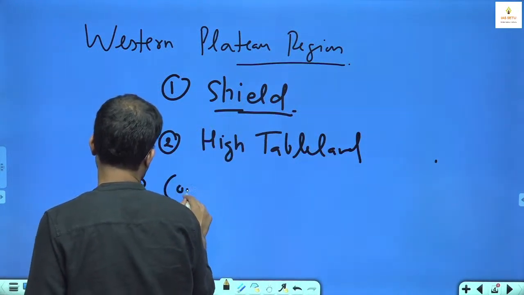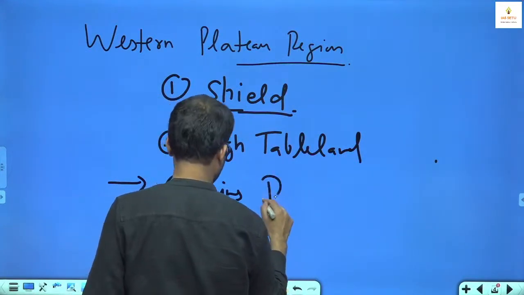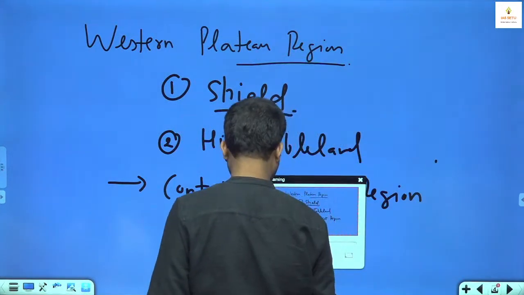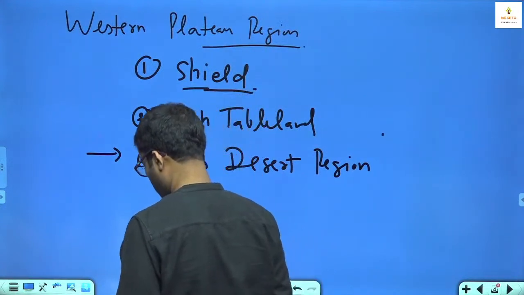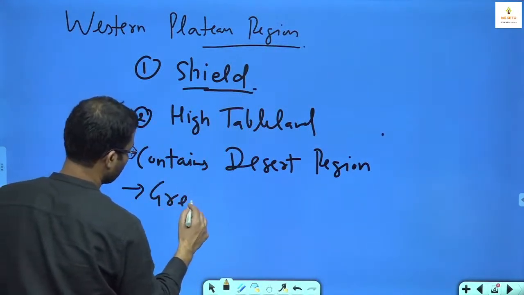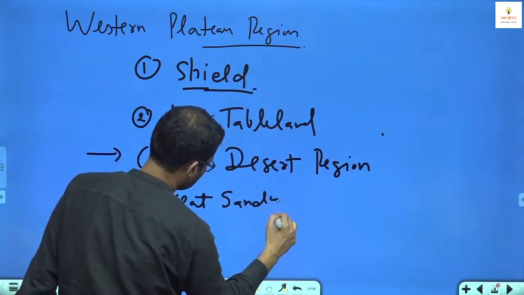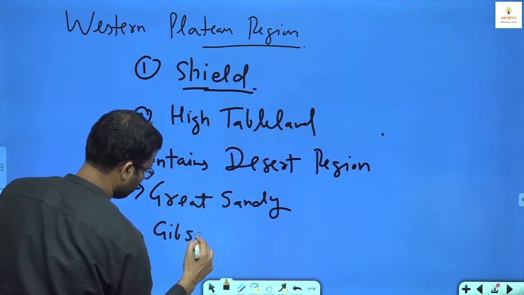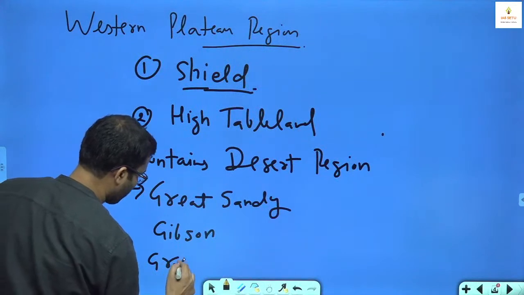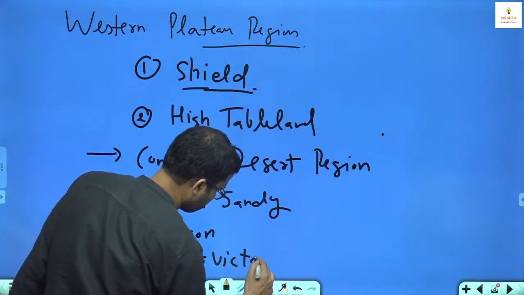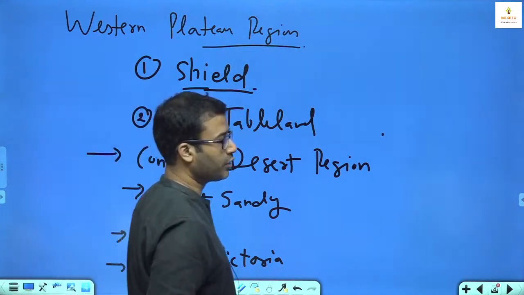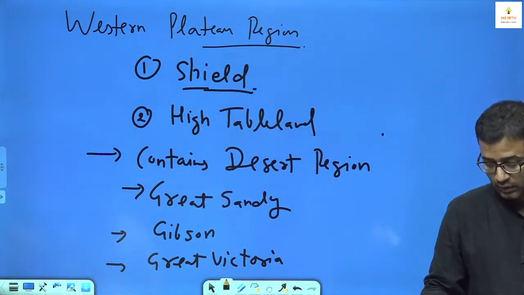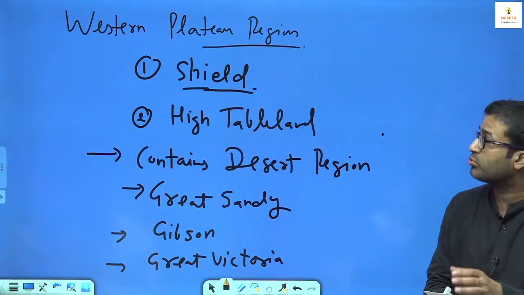It contains desert region: Great Sandy, Gibson, and here Great Victoria. So this is what Western Plateau region.